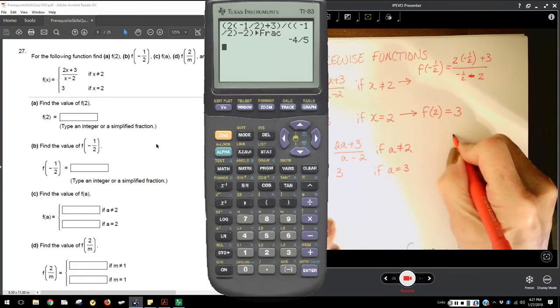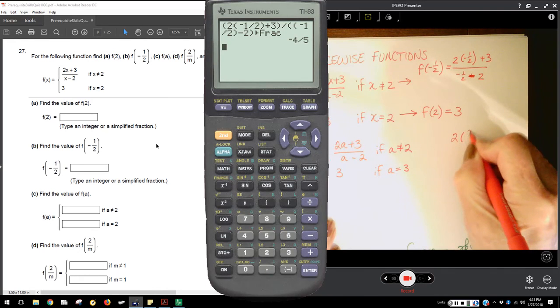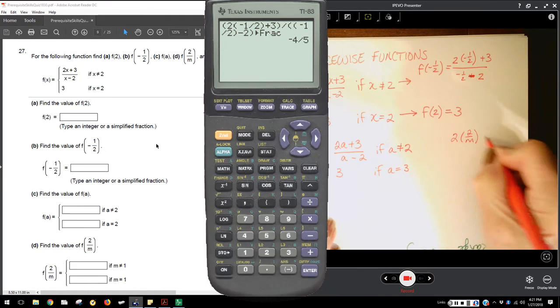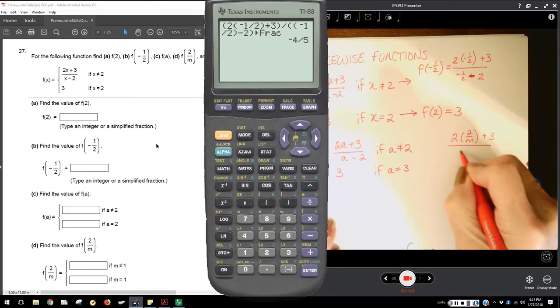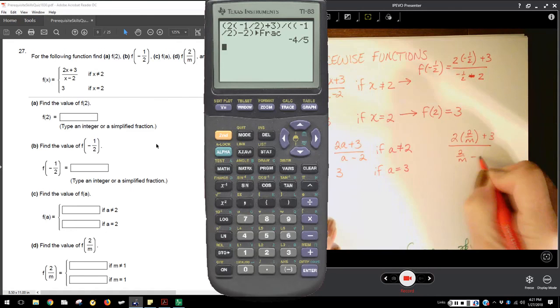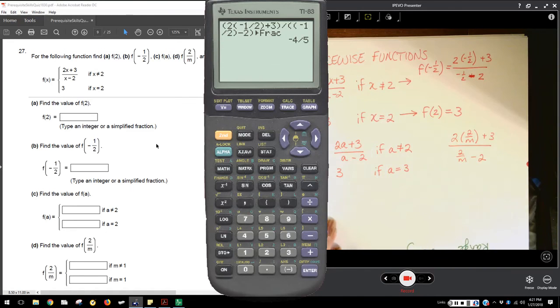So 2 times 2 over m plus 3 over 2 over m minus 2 simplifies a little bit, but I don't know that I would bother to simplify it. I would probably leave it, since it doesn't say to completely simplify anything.